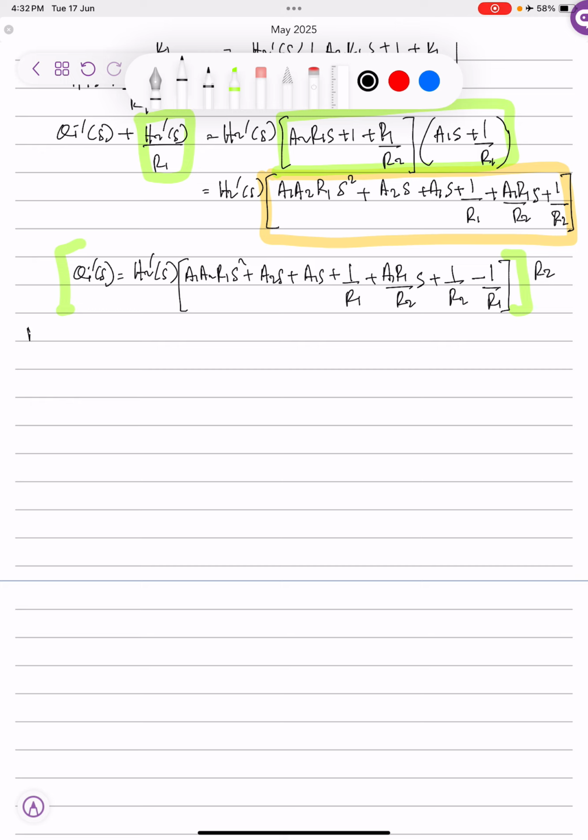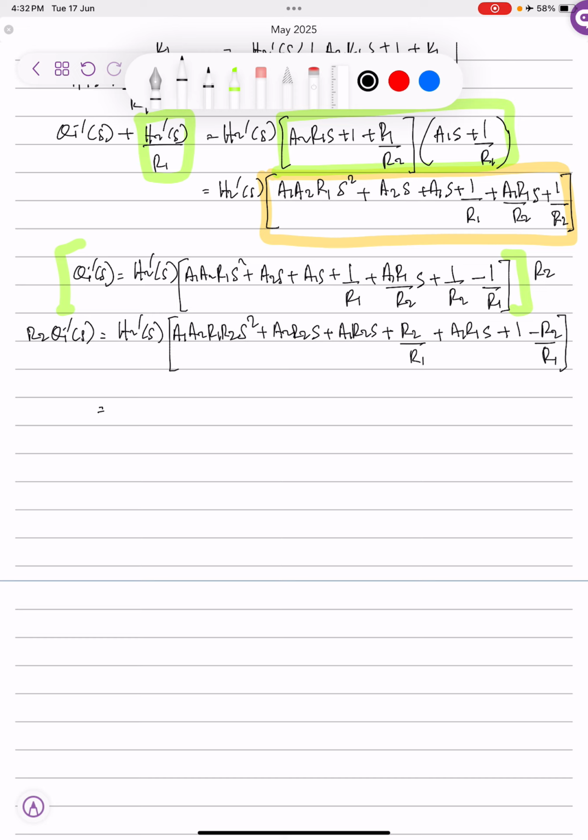If I do that, I get R2 Qi'(s) equals H2'(s) times (A1 A2 R1 R2 s squared plus A2 R2 s plus A1 R2 s plus R2/R1 plus A1 R1 s plus 1 minus R2/R1).